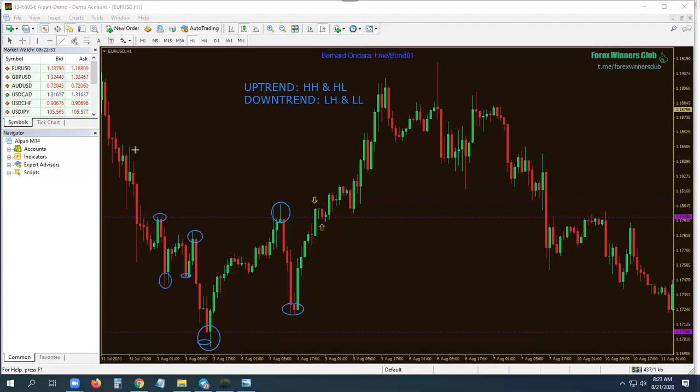So the market was coming from a downtrend, making a lower high and another lower high here, while it was making a lower low, another lower low, now another lower low. But for the first time, you see the market making the first higher low. If you consider the lows in general, this low is still higher than the previous low. So this is a higher low.